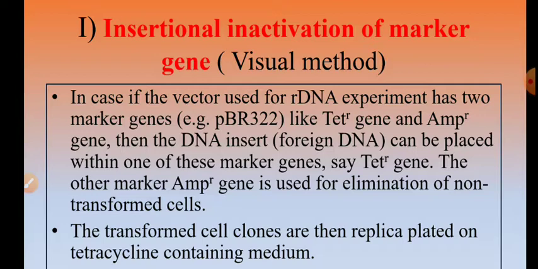That means the tetracycline resistance gene is disrupted, it is broken by restriction enzyme, and within this gene the foreign gene to be cloned is inserted. The other marker gene, the ampicillin resistance gene, is intact. It helps in elimination of non-transformed cells.